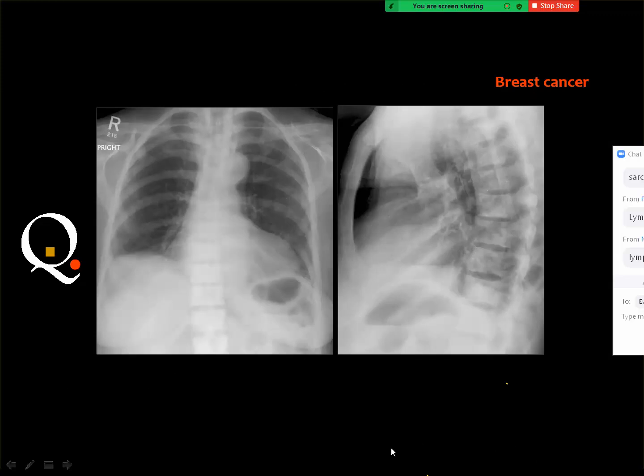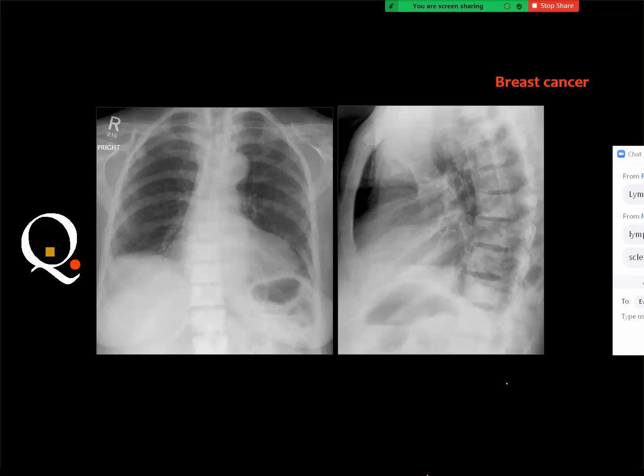Then this patient had a breast cancer. This is chest X-ray, AP and lateral. Very good.